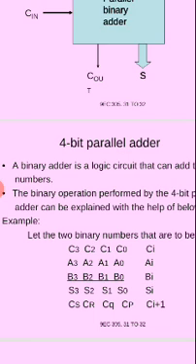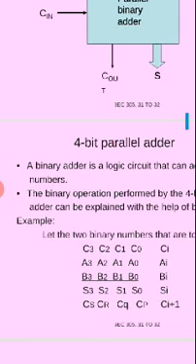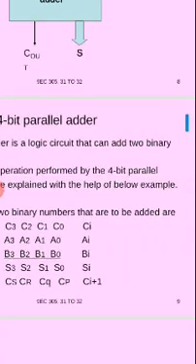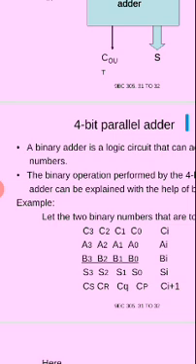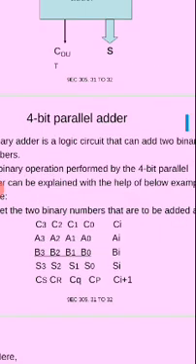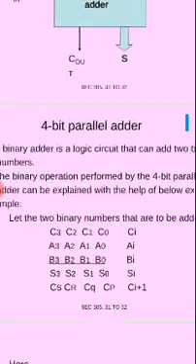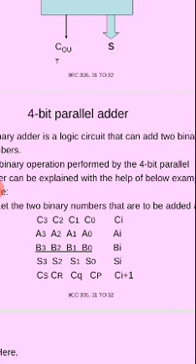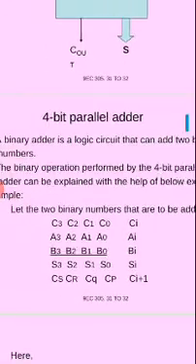Four-bit parallel adder. A binary adder is a logic circuit that can add two binary numbers. The binary operation performed by the 4-bit parallel adder can be explained with the help of the below example.